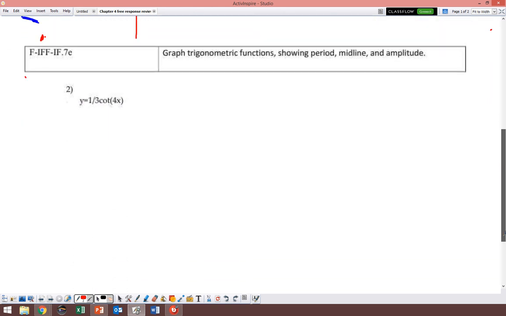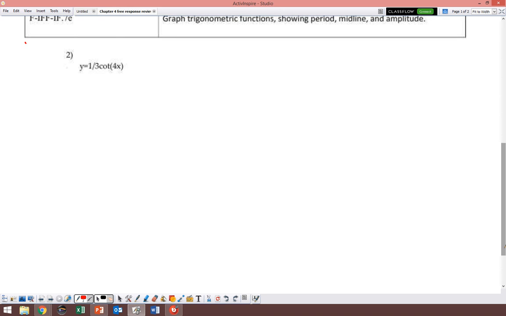So the next one. This one doesn't have its own graph, so I'm going to draw a graph for it. Okay, so now right here, step 1, amplitude, 1/3. Step 2 is going to be pi over 4, right?